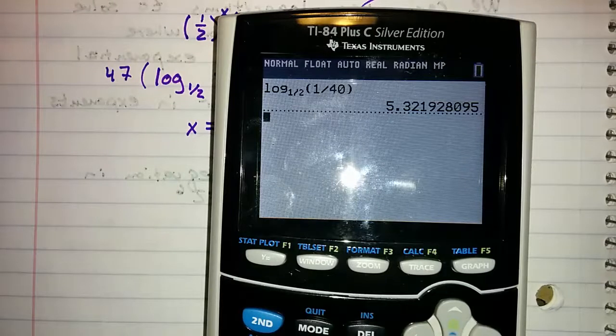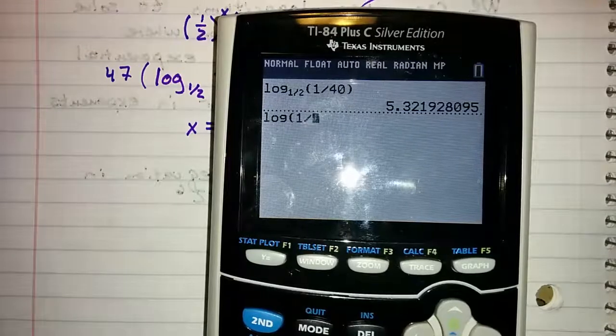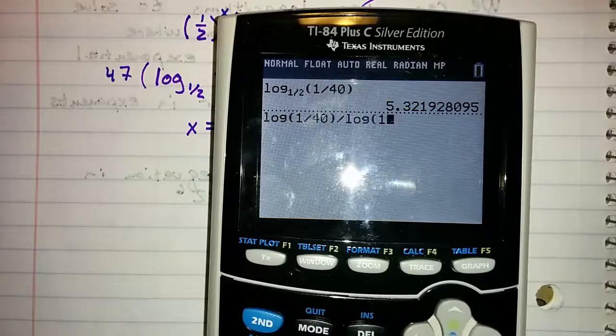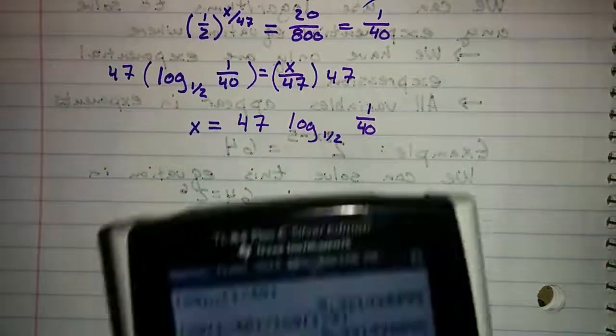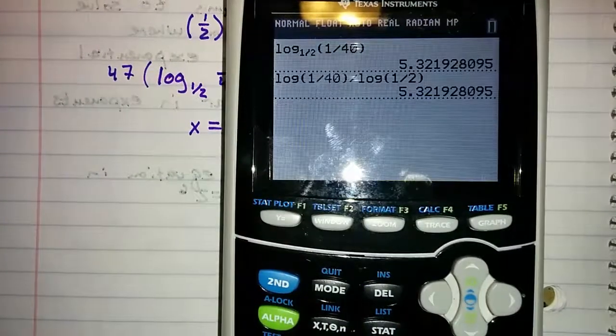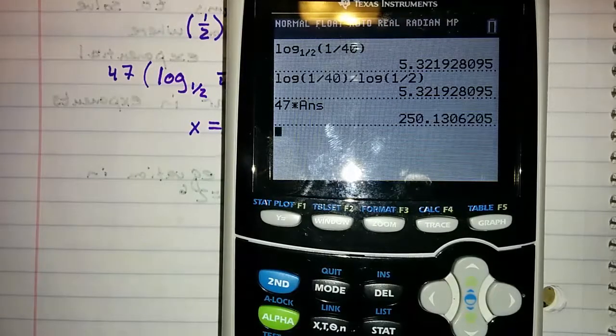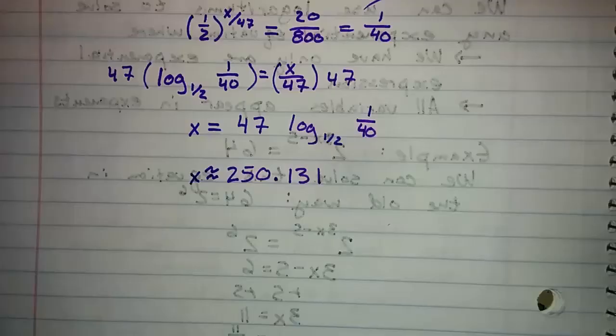If I don't have the log base button, I'm going to take log of 1/40 divided by log of 1/2. Same answer. I want to multiply that by 47. So I'm going to say 47 times answer. 250.131 is a good approximation.